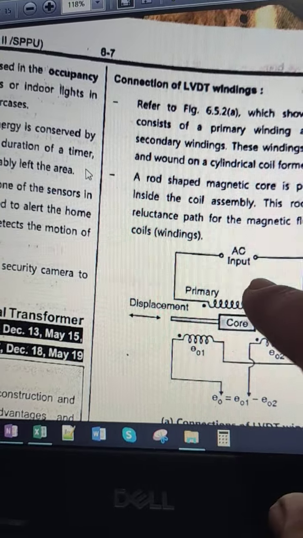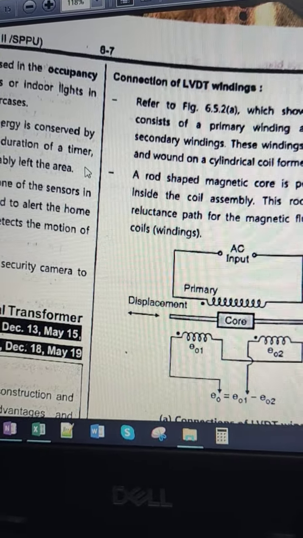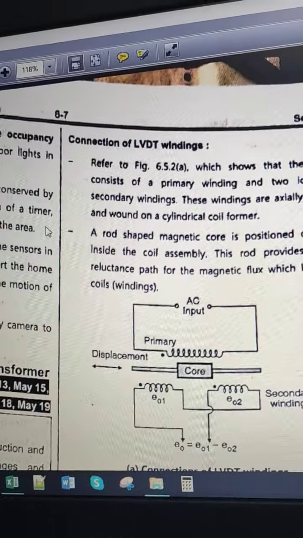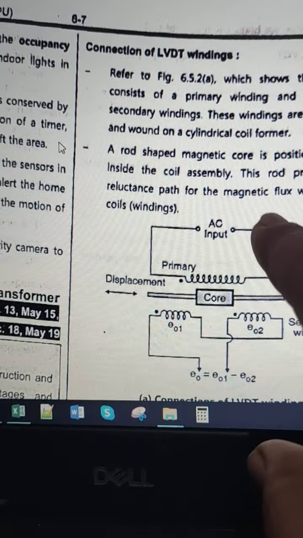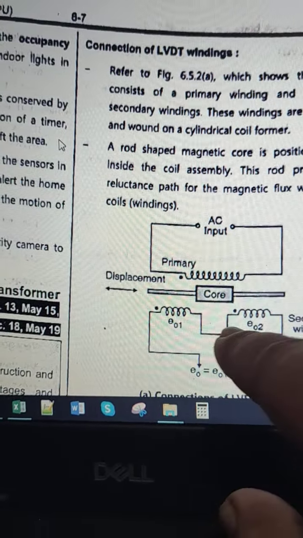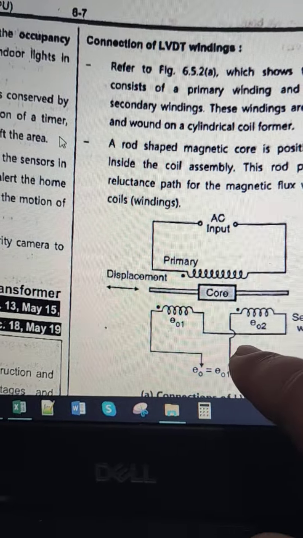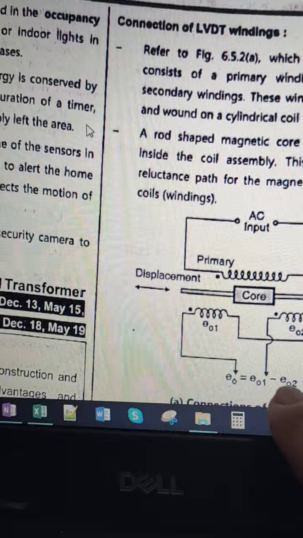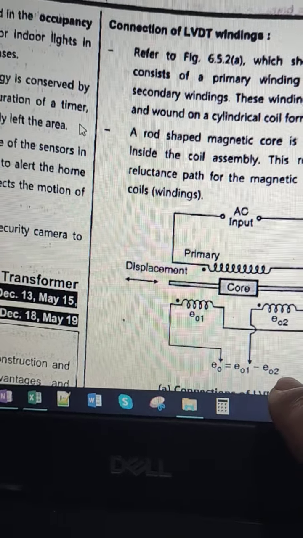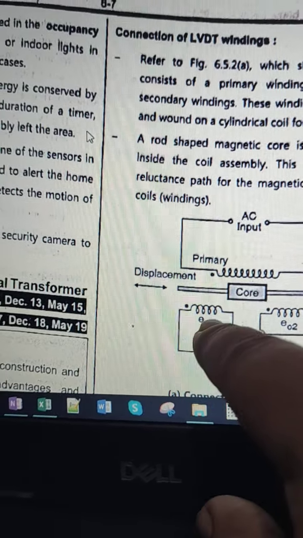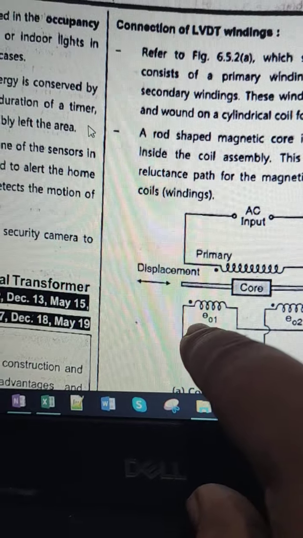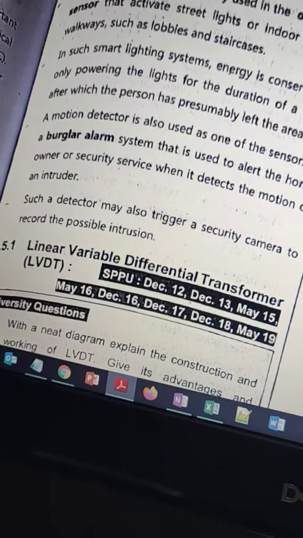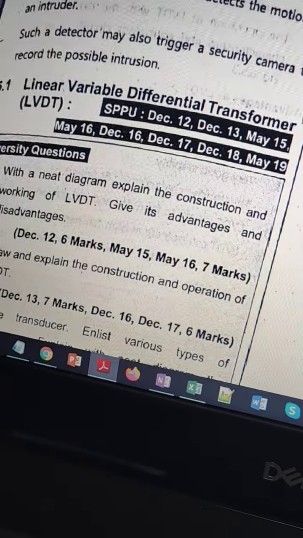This rod provides a low reluctance path for the magnetic flux which links with the coils. So this is again a construction diagram. AC supply is applied to the primary, and the two secondary windings are identical, and the displacement quantity we apply to the core. So the induced output voltage is the difference between the voltages induced in the two secondary windings.